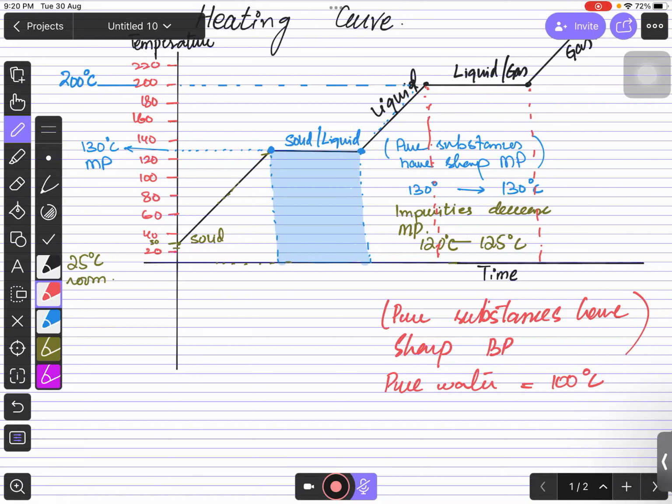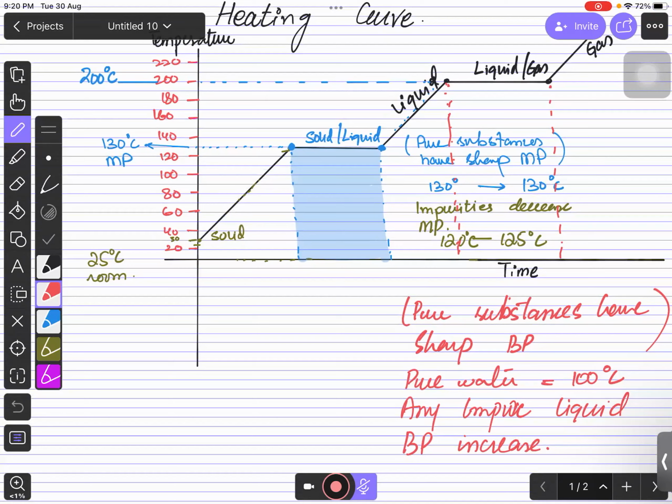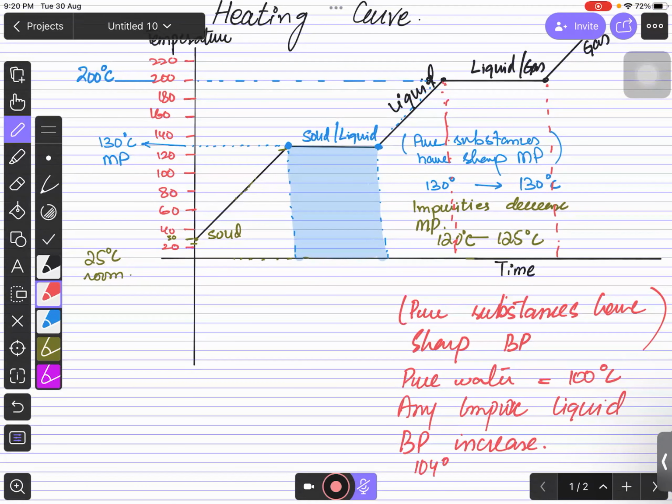And then you need to understand this: if the water is impure, any impure liquid, right? If you have an impure liquid, you need to remember that boiling point increases, bachcho, and melting point decreases, right? You need to remember the difference. So if you have impure water, or whatever water we are using in our houses, it starts boiling from 104, I think 104 or maybe 105, and it has a range of boiling.